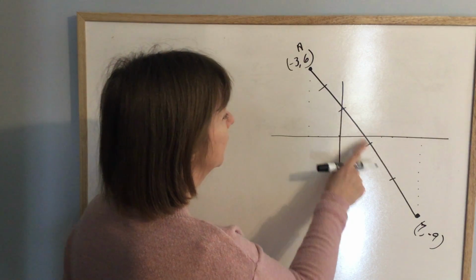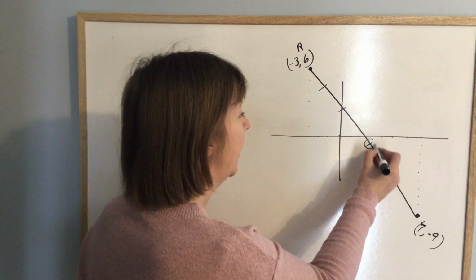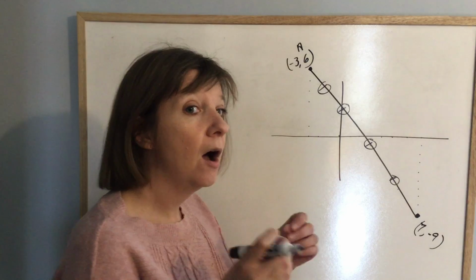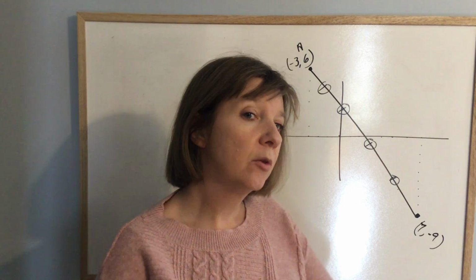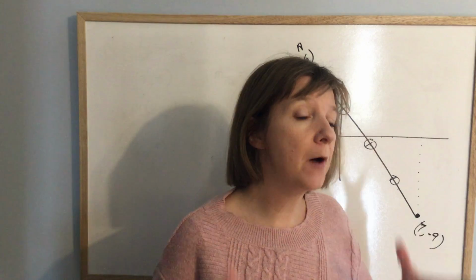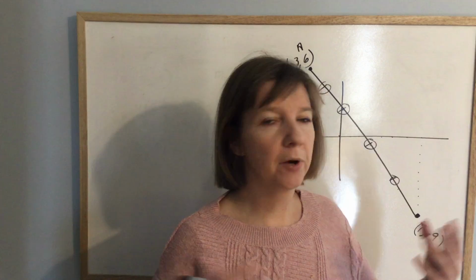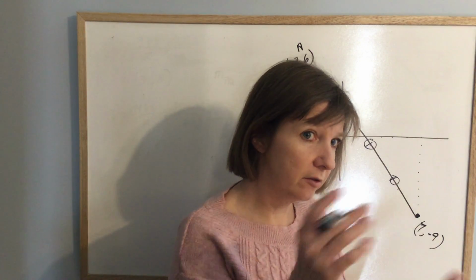There's 5 equal pieces, but how many points do I have? I actually have 4 points. I'm looking for where those points should be. So if I'm breaking it up into 5 equal parts, I'm looking for 4 points. If I'm breaking it up into 7 parts, I'll be looking for 6 points. Do you see how that works?